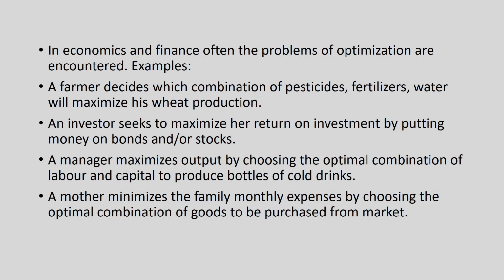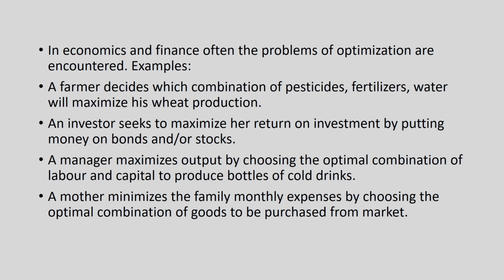These inputs could be pesticides, fertilizer, water, and additionally labor and other inputs also. Now, the question is, what amount of these different inputs will maximize the wheat production, which he wants to do. So, this is one example.